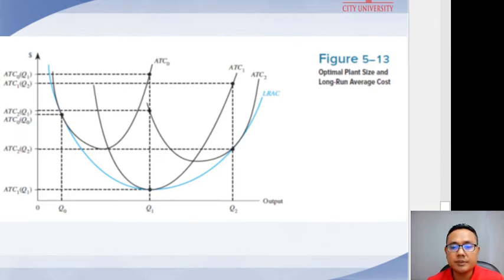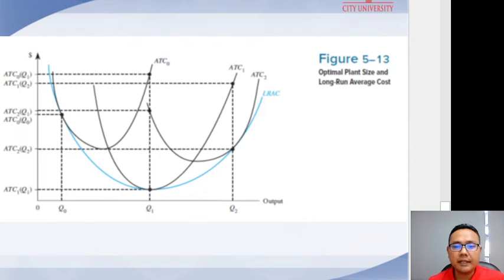If the firm wishes to further expand output, let's say to Q2, it would follow curve ATC1 in the short run to ATC1 times Q2, until it again changes its fixed factor to incur a lower average cost of producing Q2 units of output, namely ATC2 times Q2.